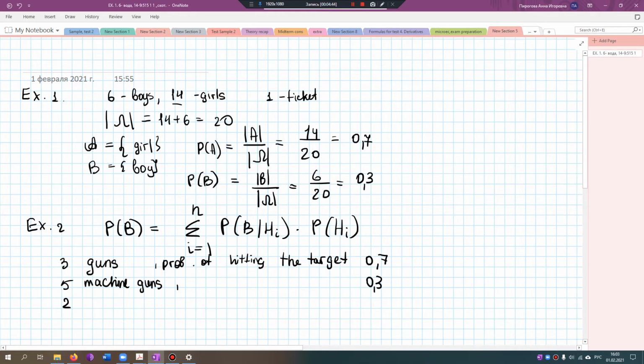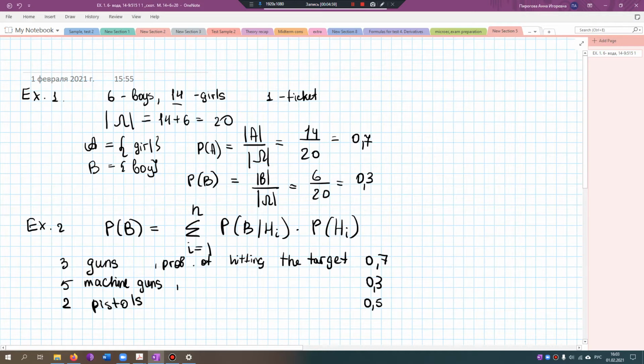And we have 2 pistols, and here the probability of hitting the target is equal to 0.5.